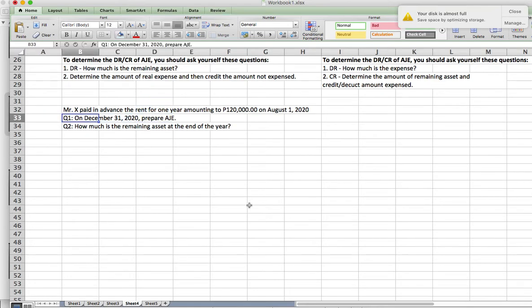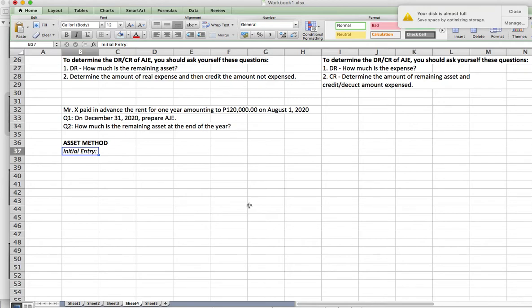Assuming hindi binigay kung anong klaseng method ang ginamit, then we have to use both methods. So, asset method muna tayo. Okay. Kung asset method ang ginamit, ano ang initial entry? So, sa exam nyo, baka tanungin kayo, what is the initial entry when the asset method was used?